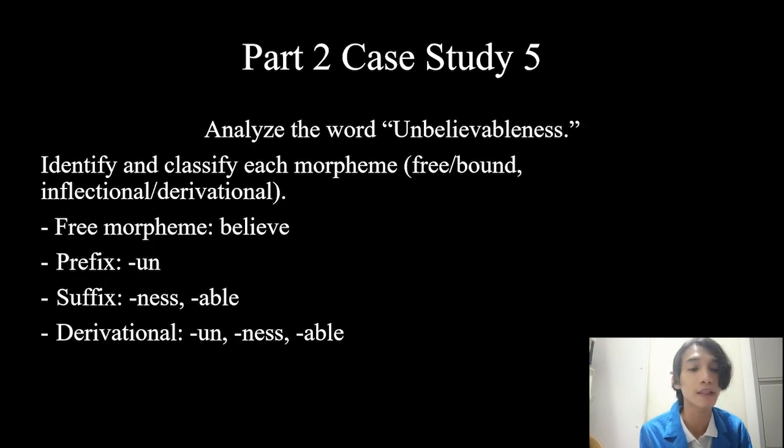And the last one, case study 5, analyze the word unbelievableness. Identify and classify each morpheme. Is it free, bound, inflectional, or derivational? The free morpheme is belief, the prefix is un, the suffixes are ness and able, and the derivational morphemes are un, ness, and able. There is no inflectional morpheme.